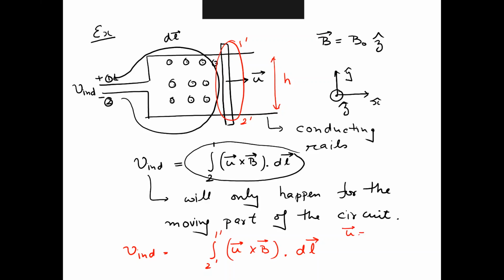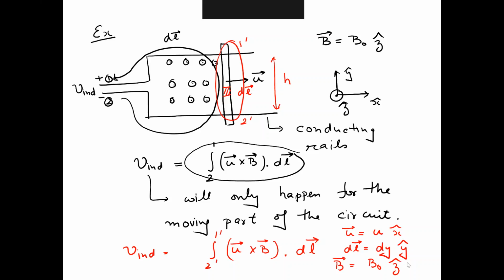U, as we have, is some magnitude of U in x direction. dl is a part I have from 2' to 1', so I can take a small element in this place here, which would be my dl. If I'm calling this the y direction, dy in y direction, and my B is in the z direction.